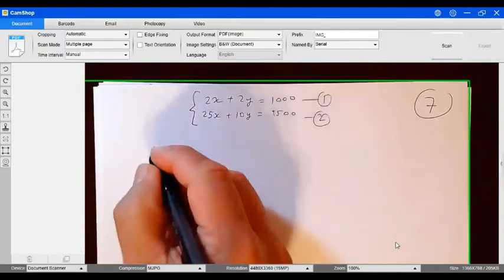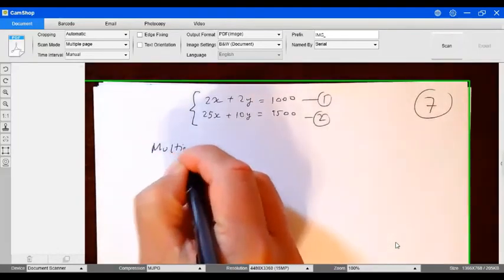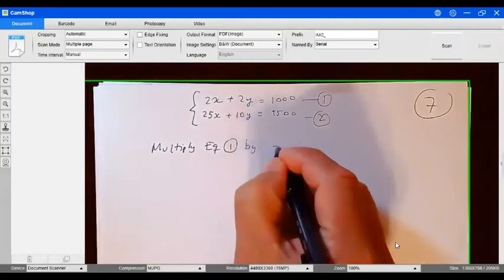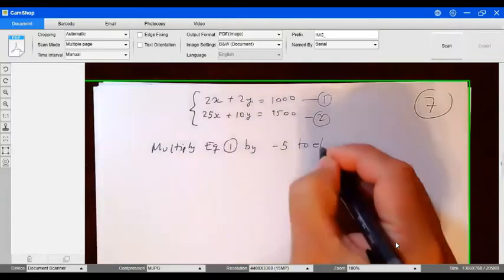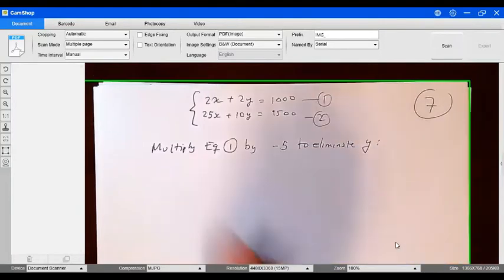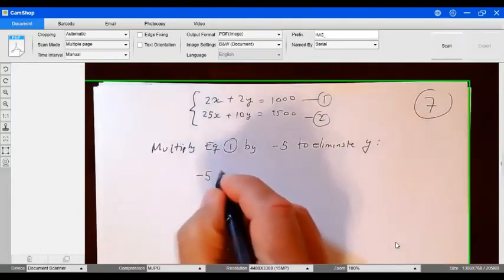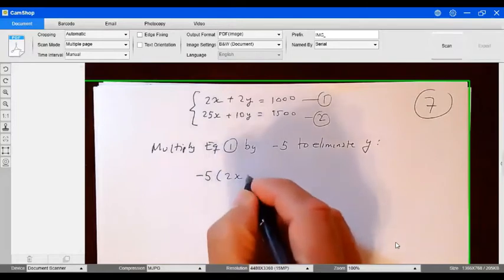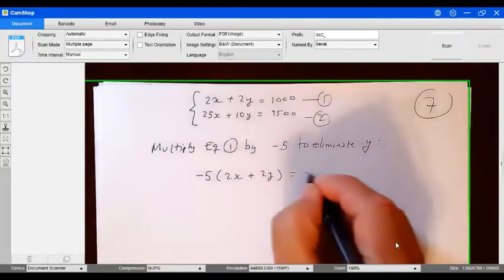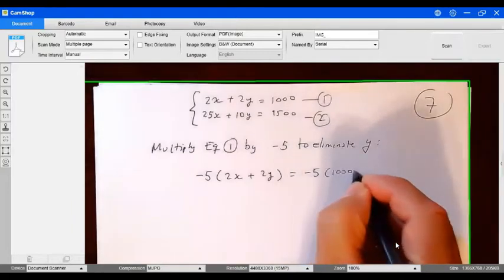So I'm going to multiply equation 1 by -5 to eliminate y. That's the purpose of doing that. So I'm going to multiply the first equation. The left-hand side is 2x plus 2y. The right-hand side is 1000.